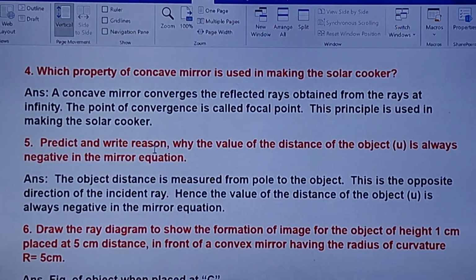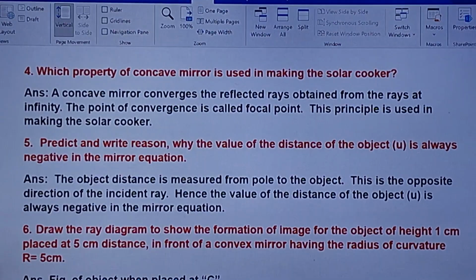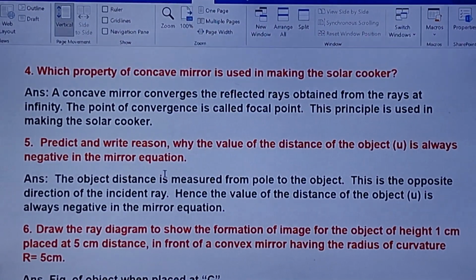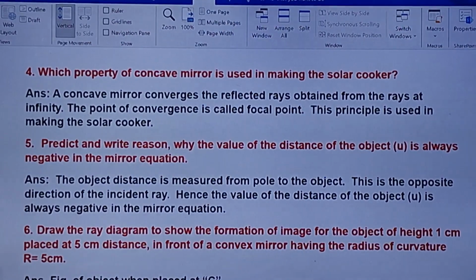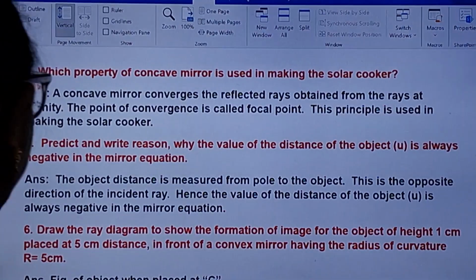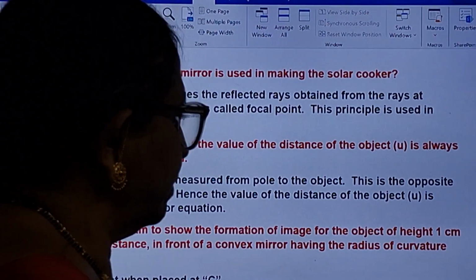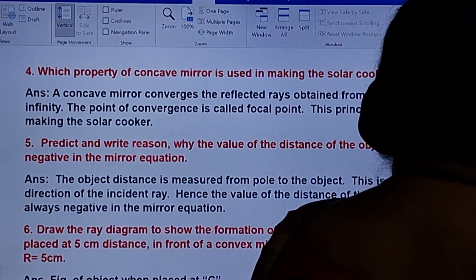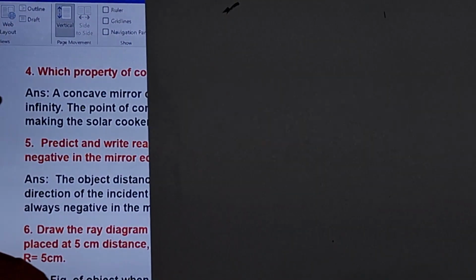Next, fifth question. Predict and write the reason why the value of the distance of the object, u, is always negative in the mirror equation. So let us see what the mirror equation is.